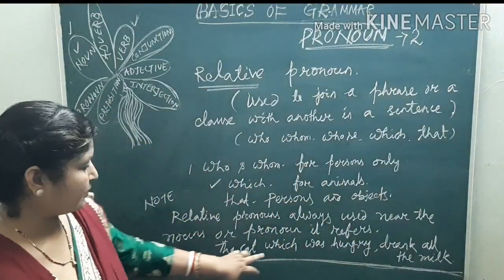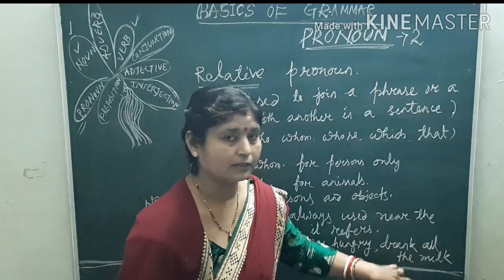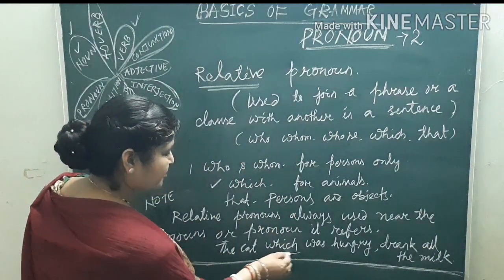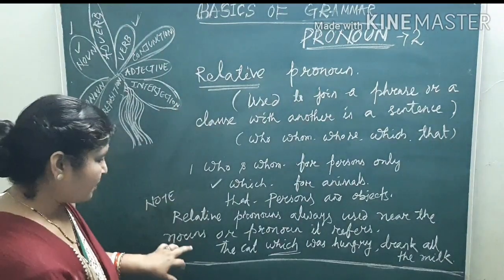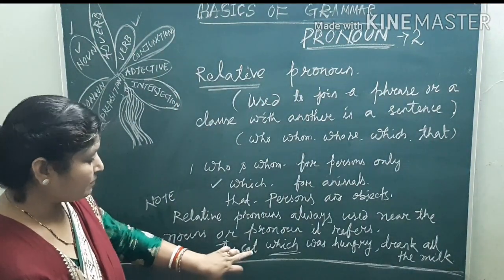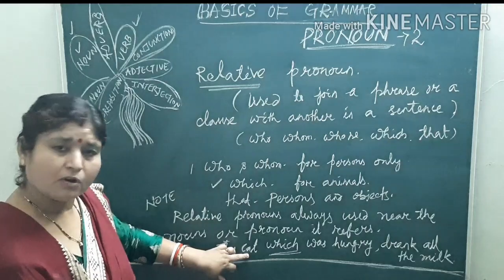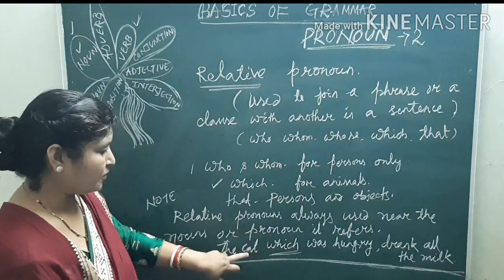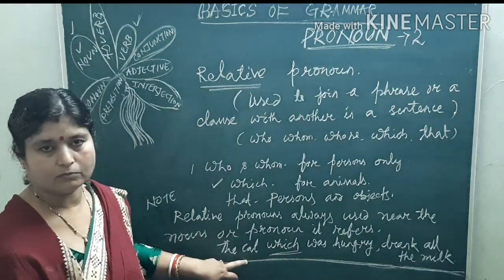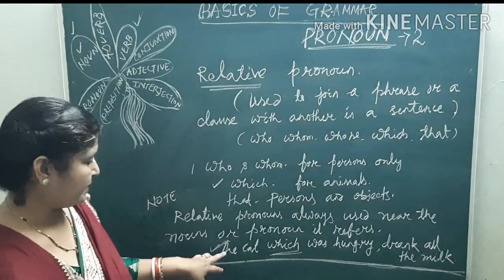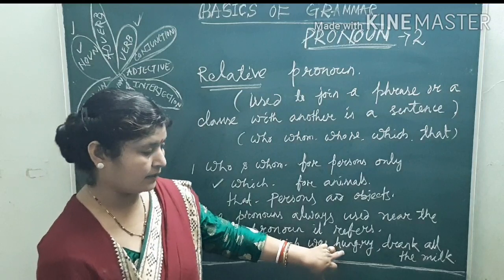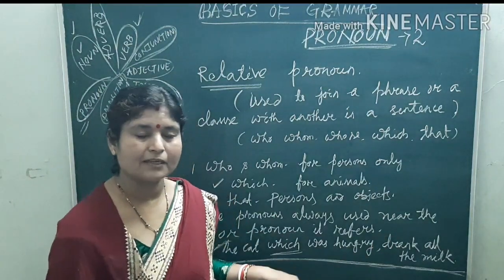Here which is a relative pronoun. Placed near the noun or pronoun, it is the correct form. But if we write the cat was hungry which drank all the milk, it is wrong.